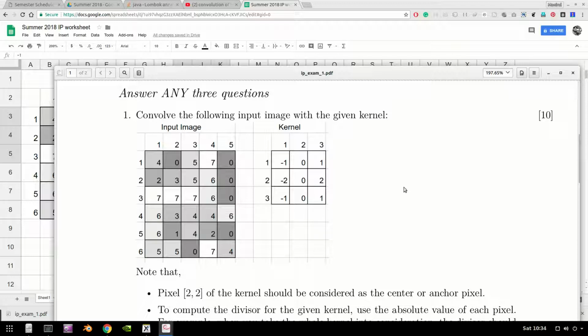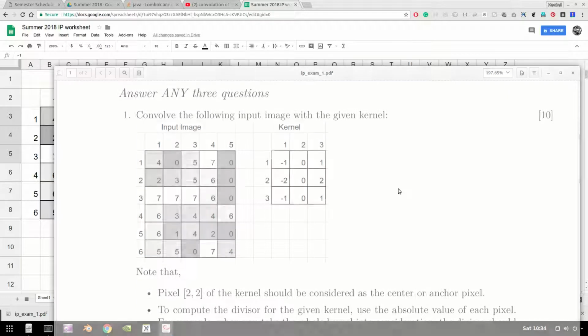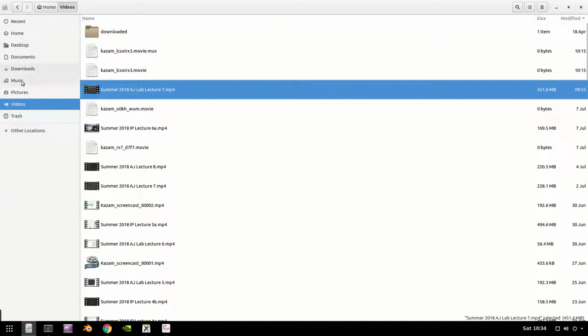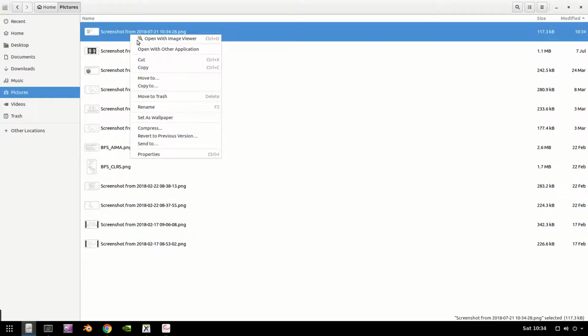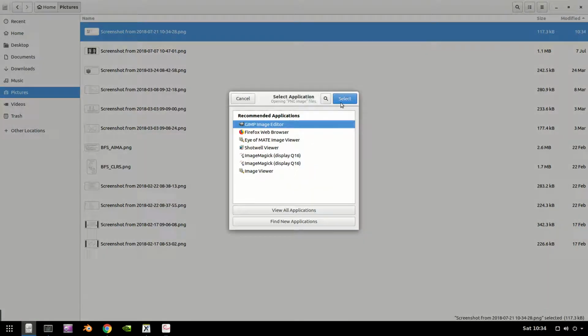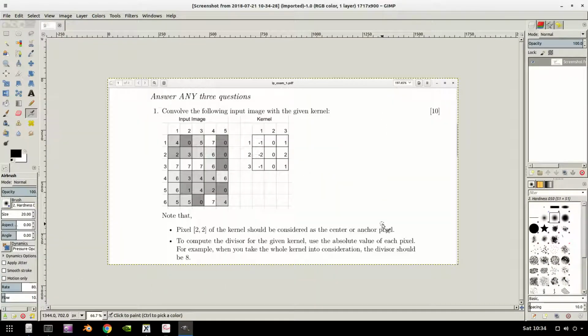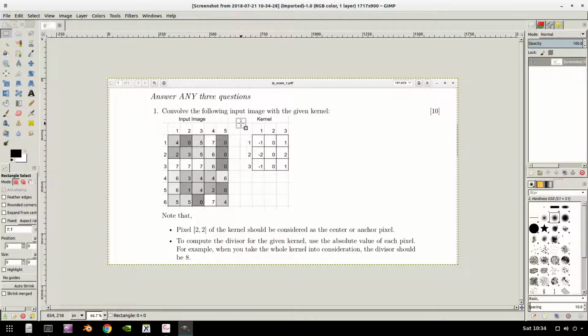I think I can explain this a little better with some image processing tool, like GIMP. Right, so this is the image, and let me take a copy of this.